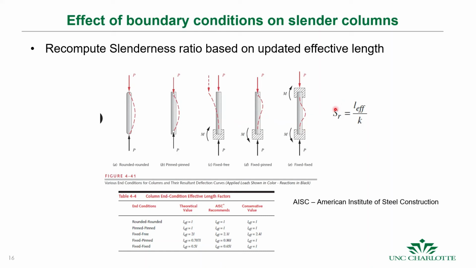So we can calculate our slenderness ratio based upon these boundary conditions, which cover most loading conditions here. For the fixed-free loading condition, the effective length of that rod is 2.4 times the length. For the rest of these conservative values, we make the effective length 1, but in the fixed-free case, we make it 2.4 times the length.